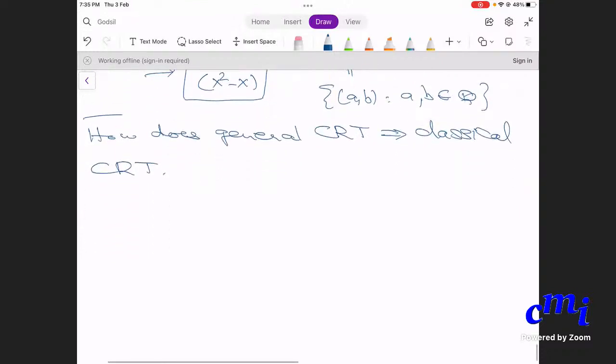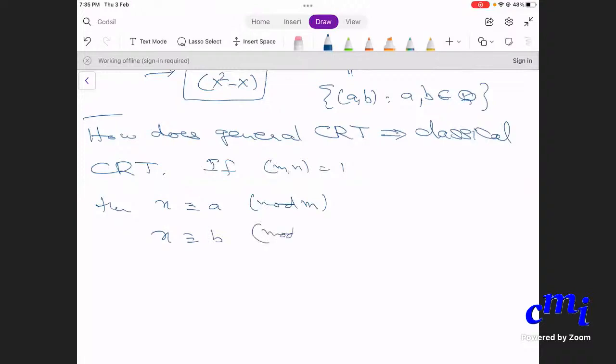The classical CRT said what? That if M and N are co-prime, then X is congruent to A mod M and X is congruent to B mod N has a solution. That was the classical.